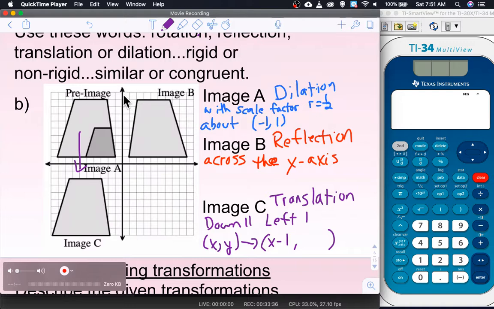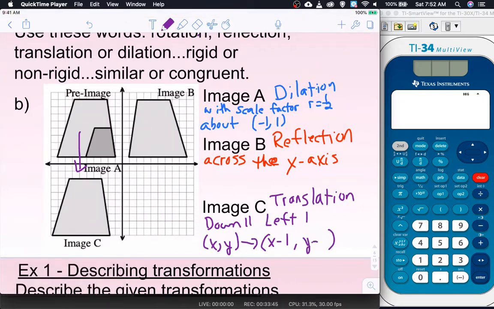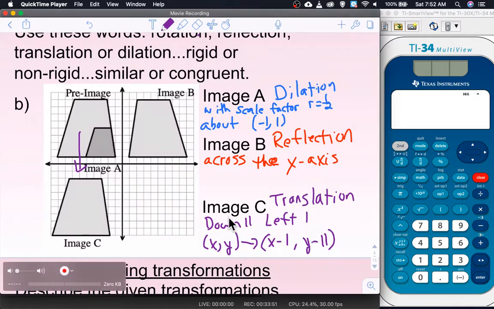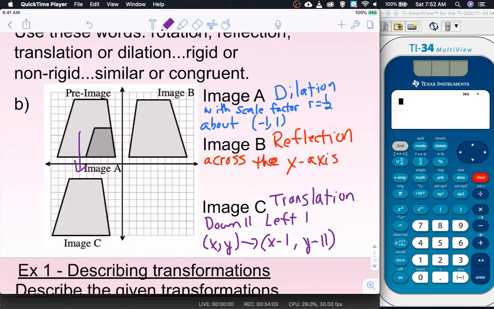If you think of your numbers on the y-axis here, you went from +1 to -10. You went down 11 units. Now we have the best description. This is a translation down 11, left 1, using the rule (x, y) translates to x goes down by 1 and y goes down by 11. Now anybody in the entire world could recreate that exact same translation.